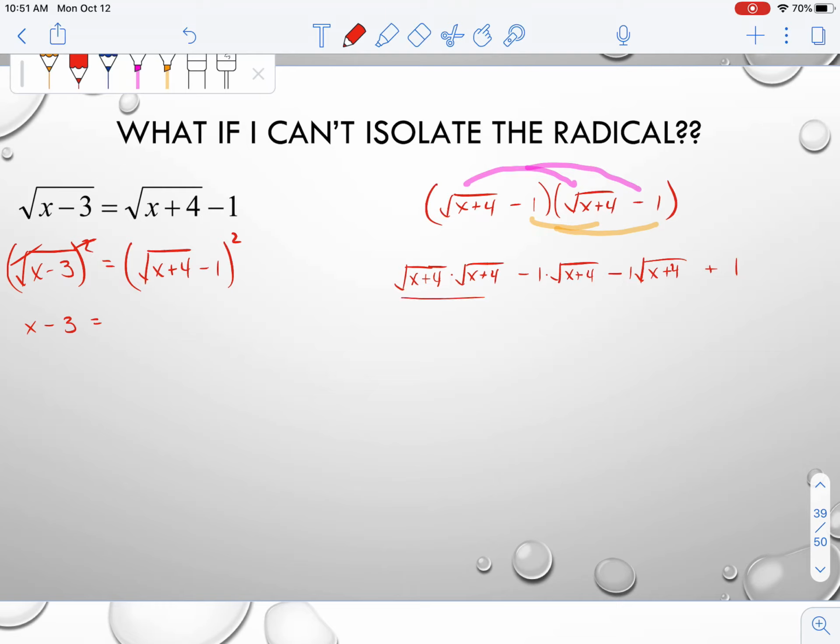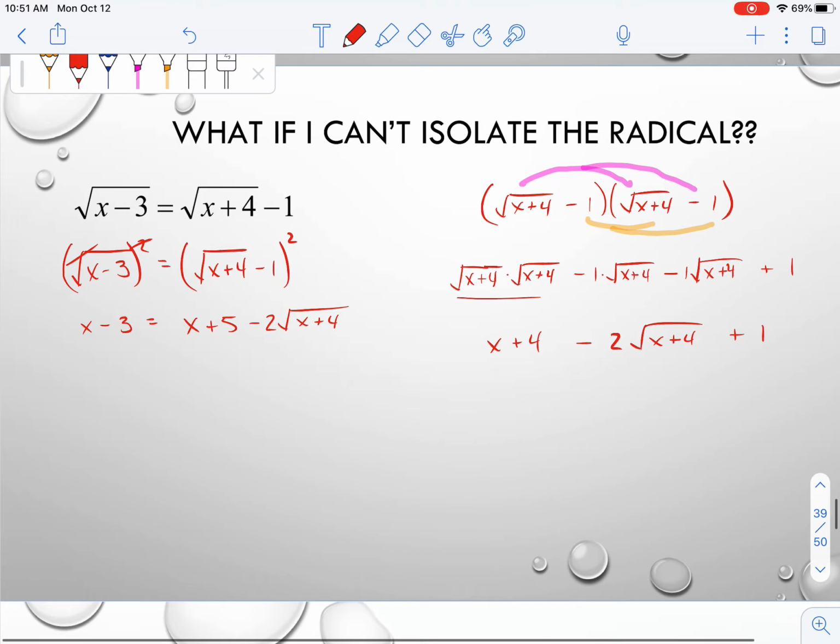So here, the first term is essentially square root of x plus 4 squared, or simply x plus 4, minus 2 times square root of x plus 4, and plus the 1. When I combine like terms here, I end up with x plus 5 minus 2 square root of x plus 4.